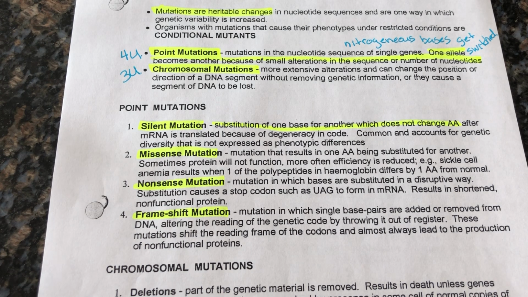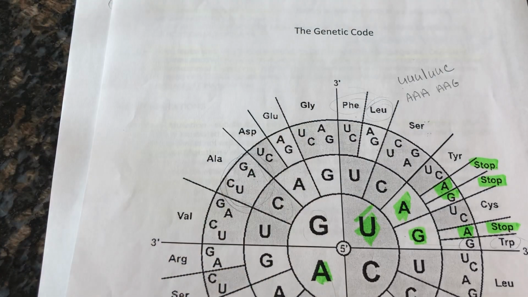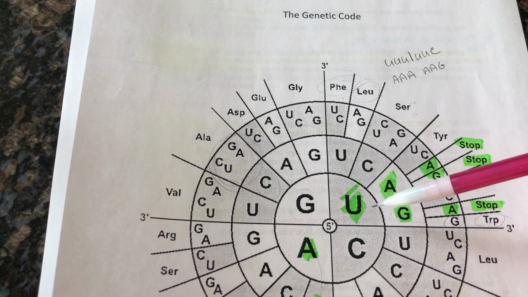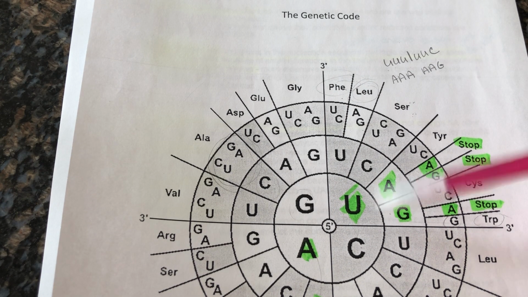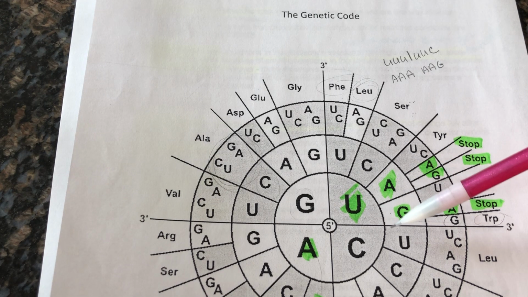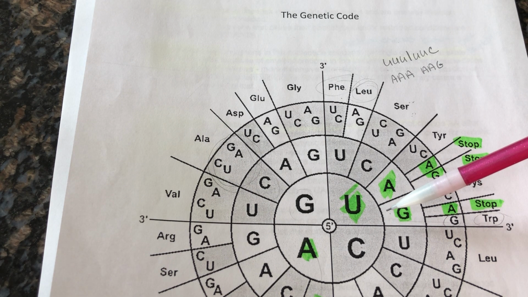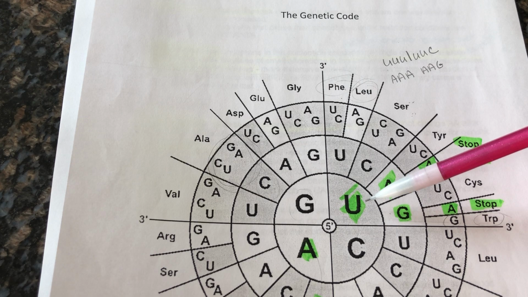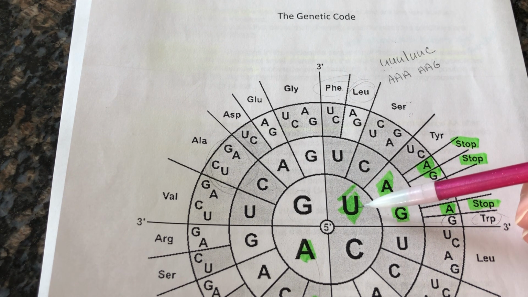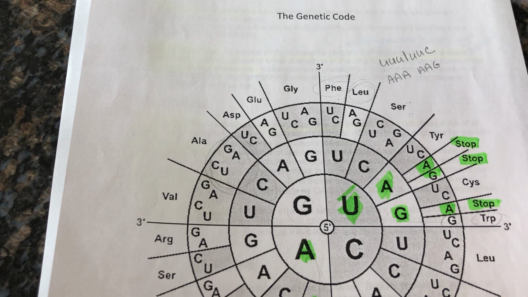So genetic code, how can we have a silent mutation? Let's go with mRNA, because if I start talking about DNA, I'm going to confuse you guys looking at the genetic code. Let's say that our mRNA should say, once it's been transcribed, UCC.